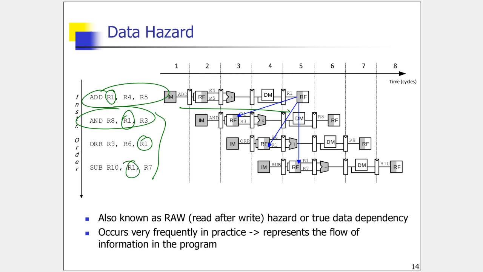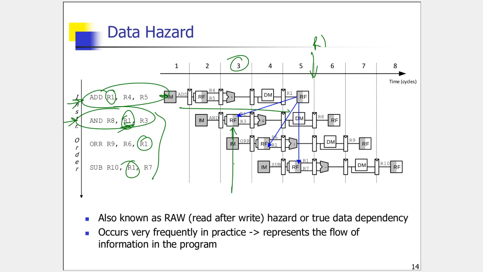The problem with this is that this instruction writes to the register file, so the new R1 value is committed only at the end of cycle 5. So this is a point in time where R1 is updated. But this instruction will read R1 in its second cycle, which is the third cycle of execution of the processor, because this instruction starts 1 cycle later, right?